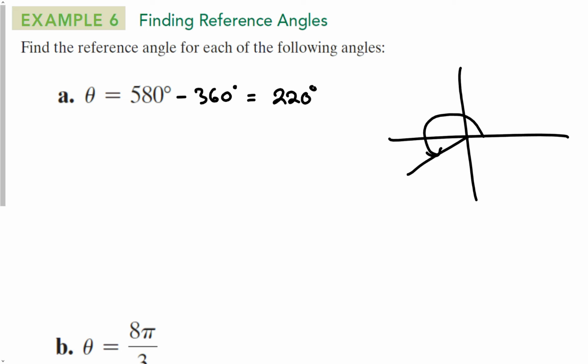Okay, so to get theta prime, now I'm in the third quadrant, which means I take 220, the whole angle, subtract off 180, and I get 40 degrees. So my reference angle is 40 degrees.